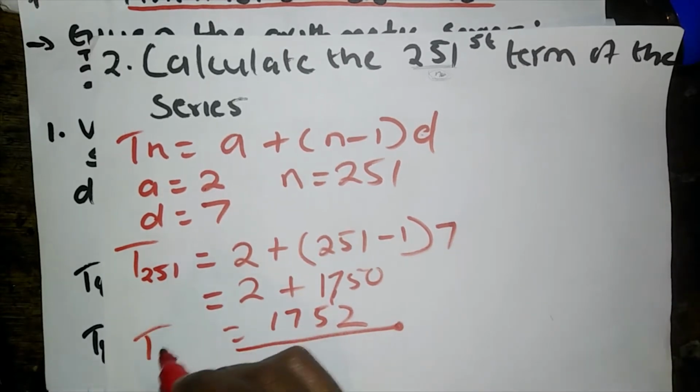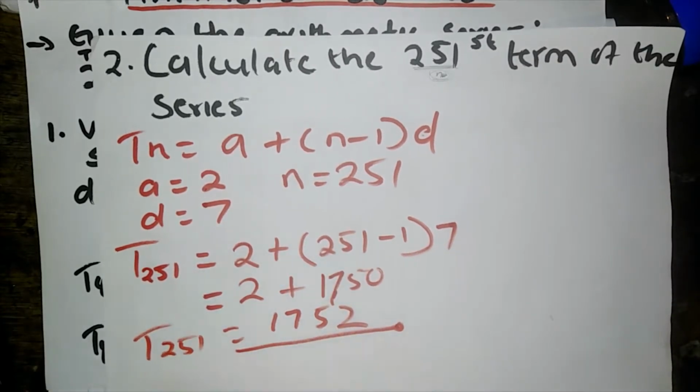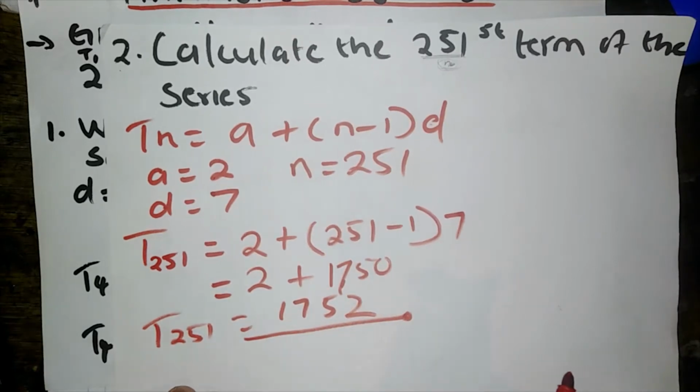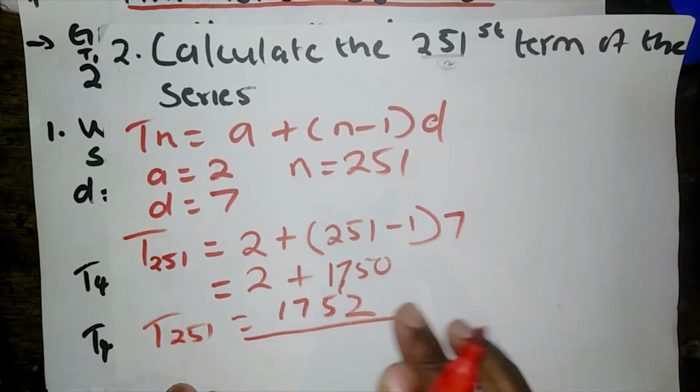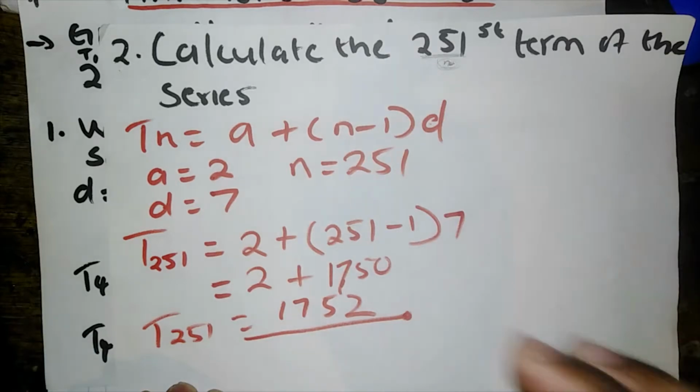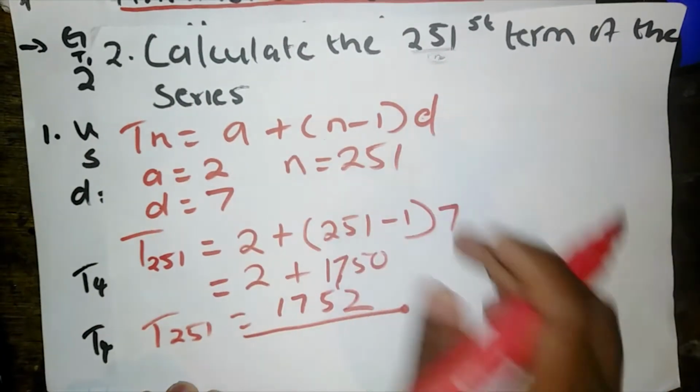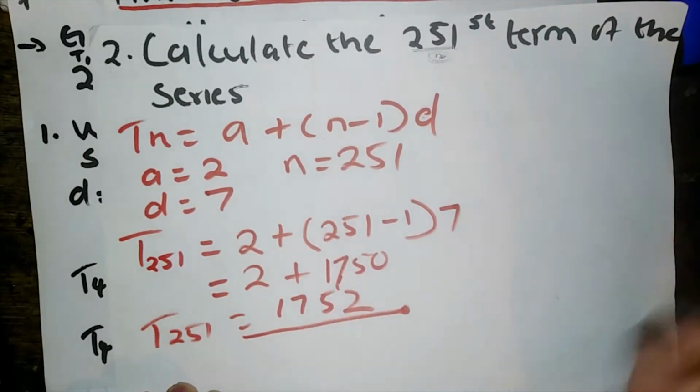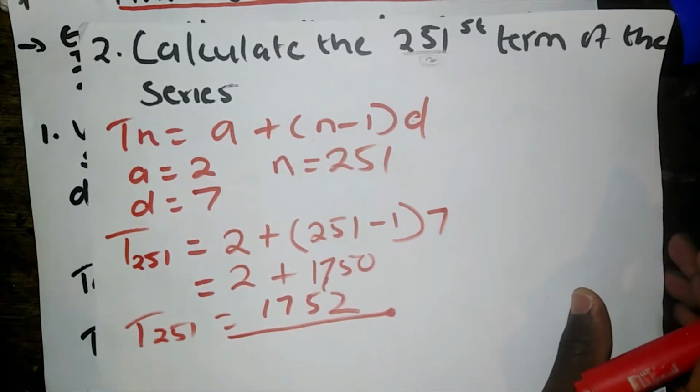So our term 251 is equal to 1752. Very simple. So you must know this formula by heart. You must practice it. Practice makes perfect.